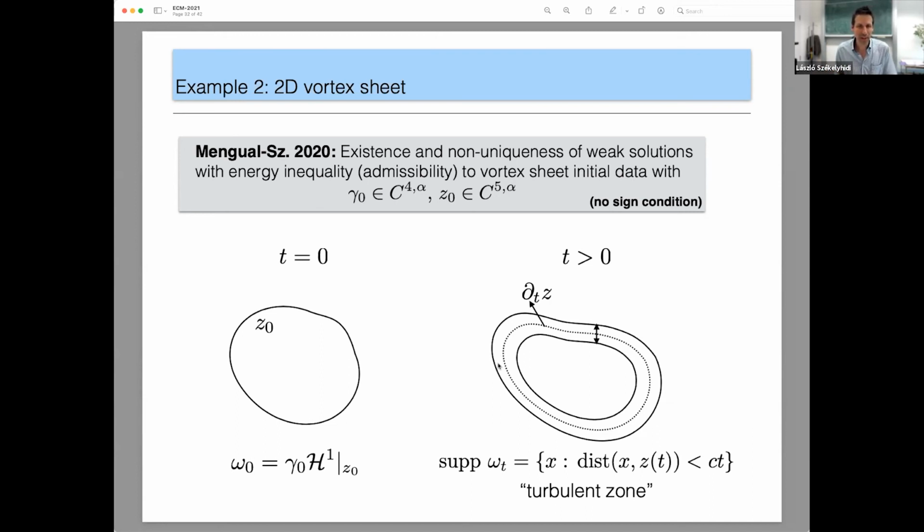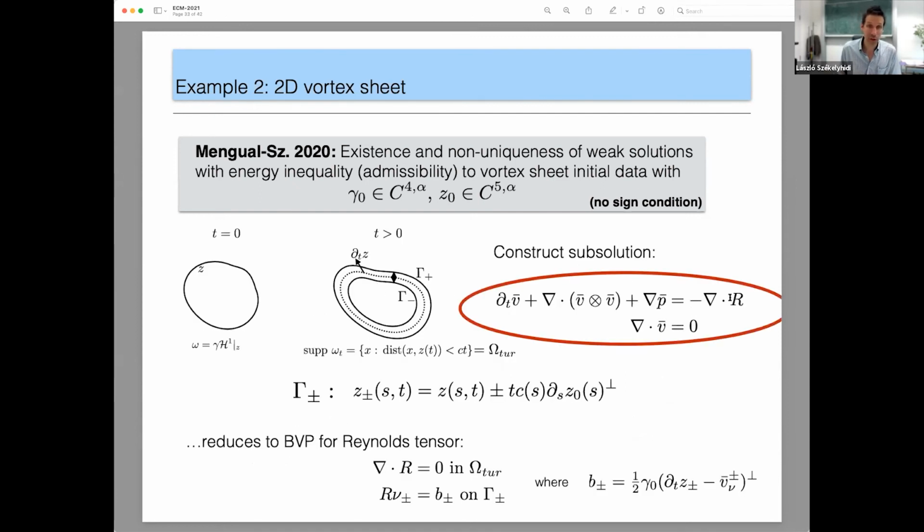We just say that there is a turbulent zone in which the solution is just a weak solution, but it's growing linearly in time, and it's bounded by translates of the original curve. And outside, it has to be a smooth solution. It's analytic, actually.